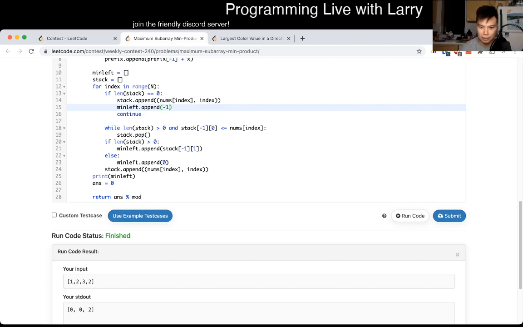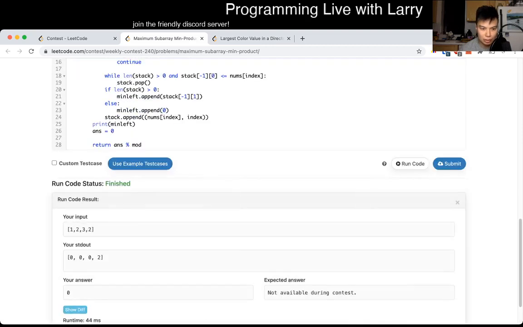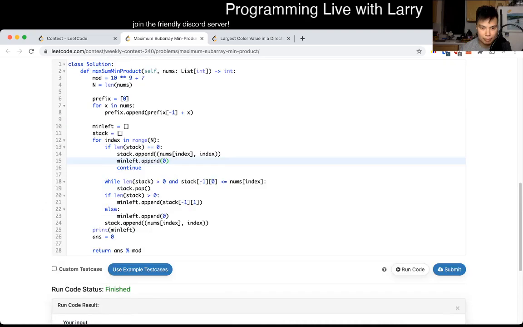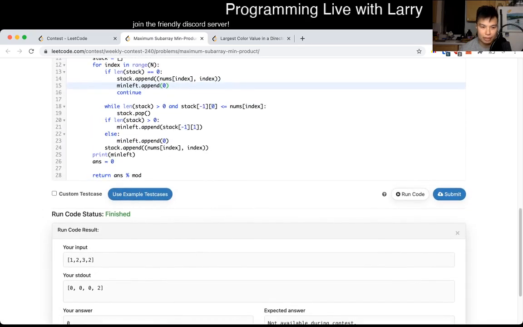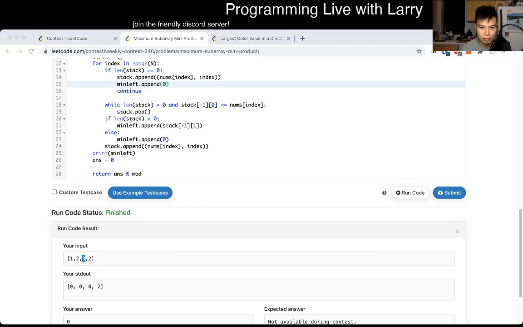I don't know whether it should be negative 1 or 0. Well, let's do that for now. So this is 2, so it's 2, right? Oh yeah, because it goes to 2. Okay. Limits itself and no, 0, 1, 2. Okay, that's fine.